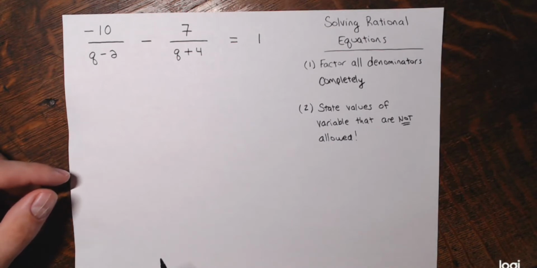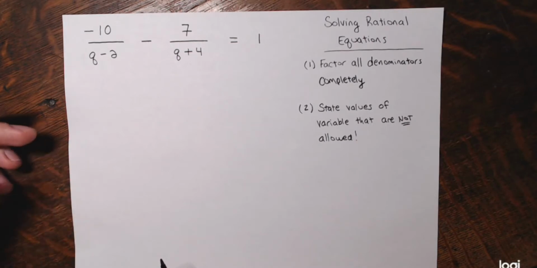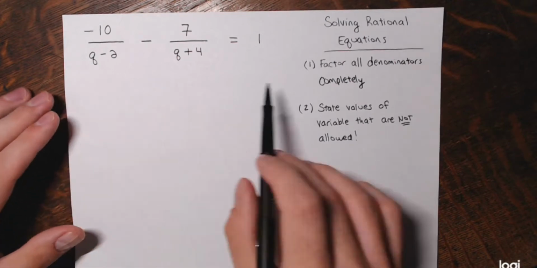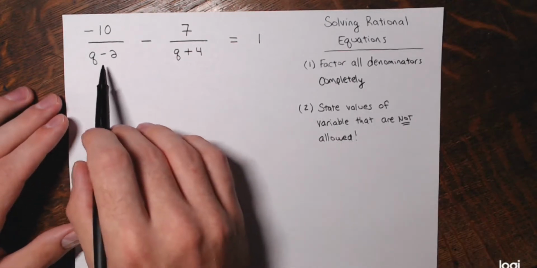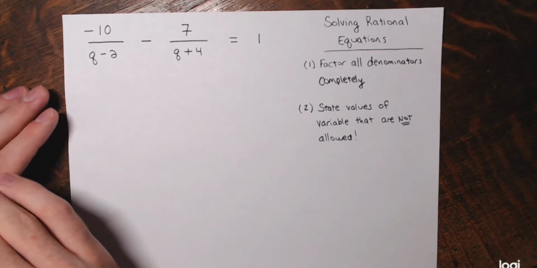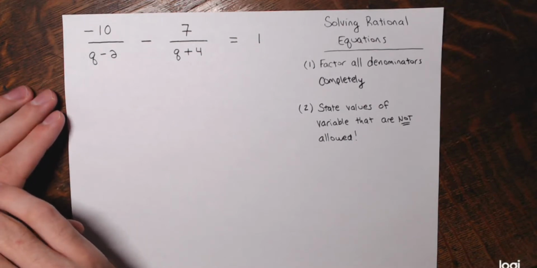Because if you're making a denominator 0, that means you're dividing by 0, which is undefined, and that's not good. So that's why I'm saying factor the denominators first, because once the denominators are factored, it'll be hopefully very easy to see what values of the variable are not allowed.